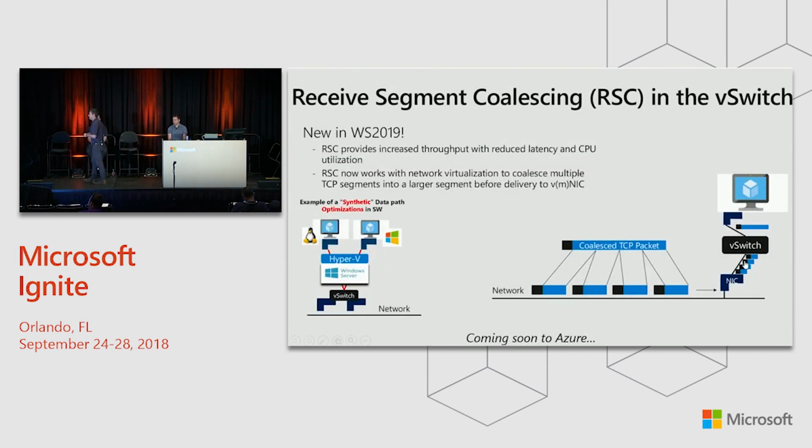Another really cool feature that's being used both on-premise and coming soon to Azure is receive segment coalescing, RSC. This is a rather older technology actually that's worked for native hosts for quite some time, but now we've made it work for virtualized environments with the vSwitch and also with VMNICs itself.